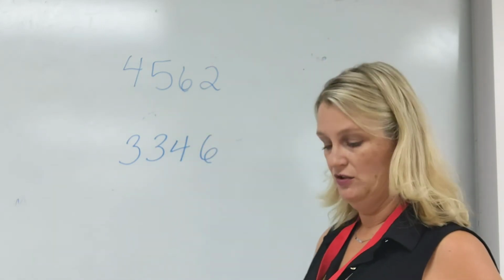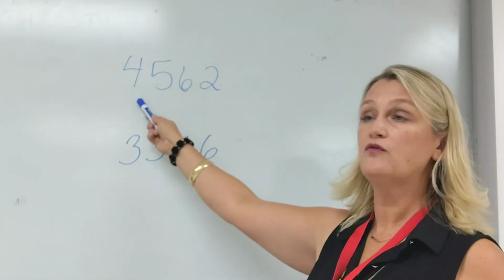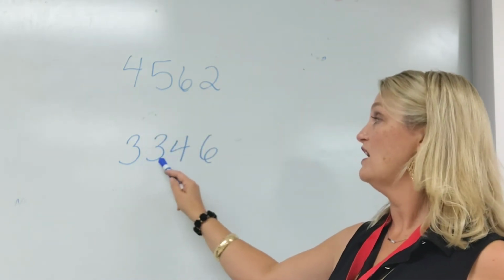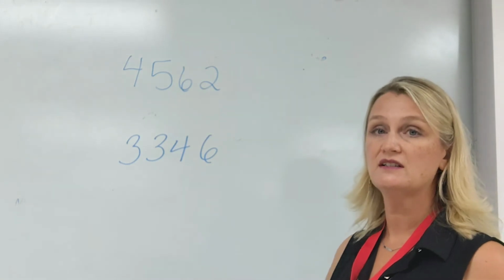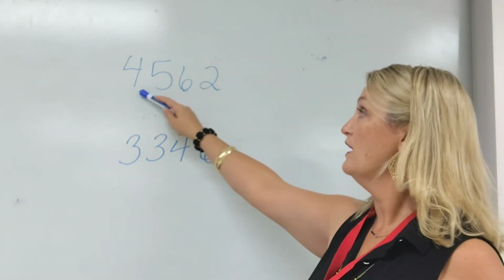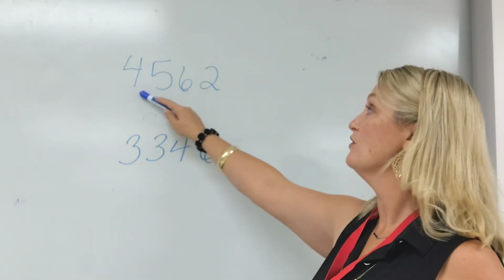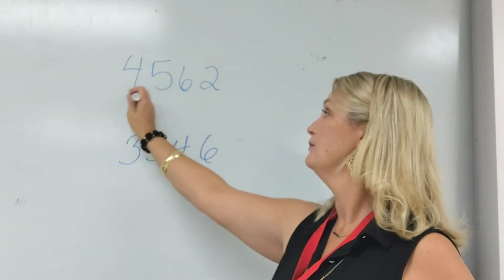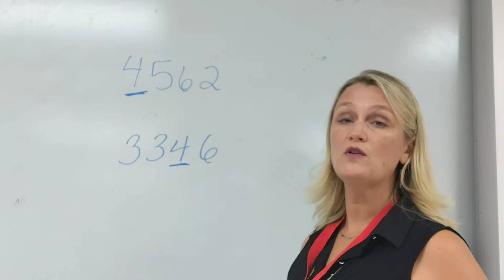Okay, so your number examples are 4,562, 3,346. The 4 in this number is worth 4,000. The 4 in this number is worth 40.